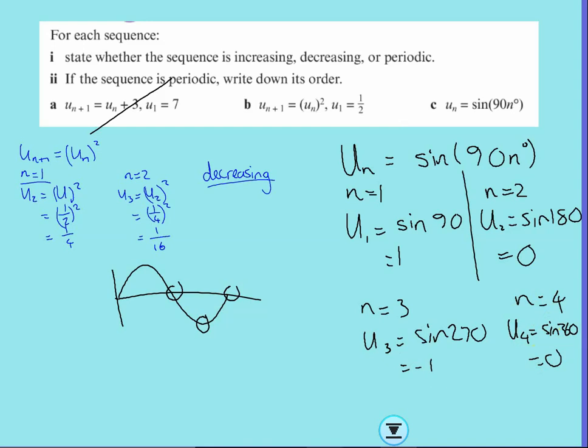So it's going from 1 to 0 to minus 1 to 0. Using our knowledge of this, u5 is going to be 1, so it's going 1, 0, minus 1, 0, 1, then back down to 0, minus 1, 0. So you can see there's a period of 4. This is periodic with a period of 4.